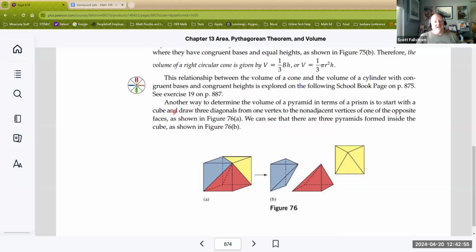They are taking this with a cube, and all that means is that the sides are the same, which means the altitudes are the same for all of these. And they're breaking the cube down into three pyramids. And guess what? The pyramids have equal volumes because they have the same bases and the heights are the same. Therefore, we can think of breaking down that beautiful prism into three pyramids.